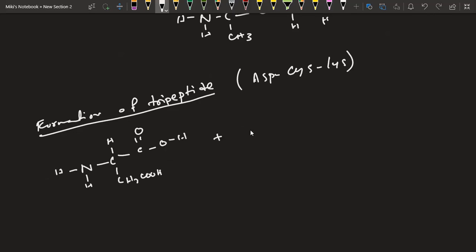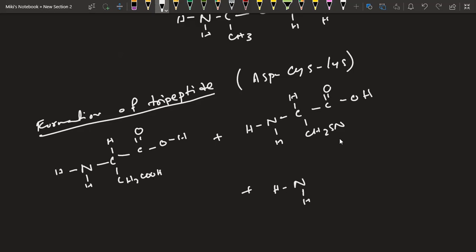We also make them react with this amine, and we made it react with the third molecule, which is this amino acid.